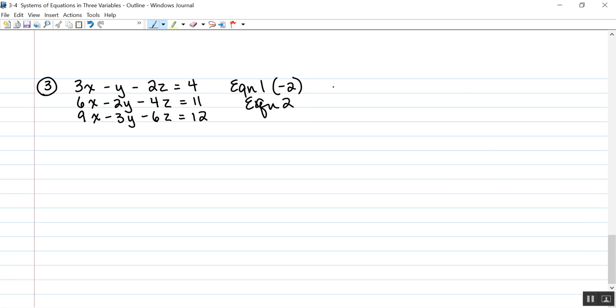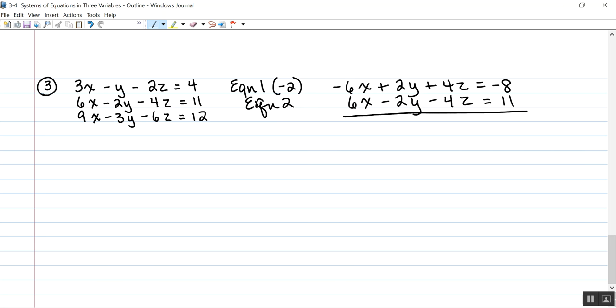Okay, so that's going to give me a negative 6x plus 2y plus 4z equals a negative 8. And equation 2 is 6x minus 2y minus 4z equals 11. And when I add those two equations, my x's eliminate, my y's eliminate, my z's eliminate to give me a 0.